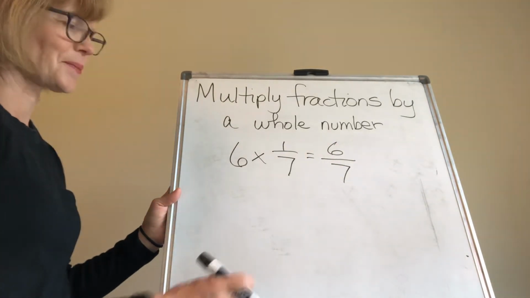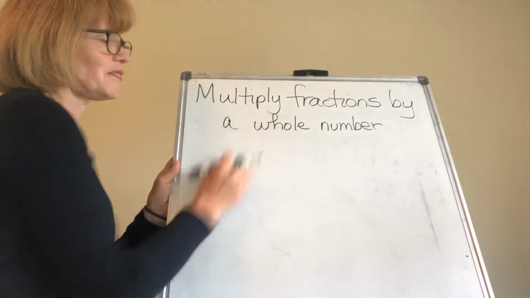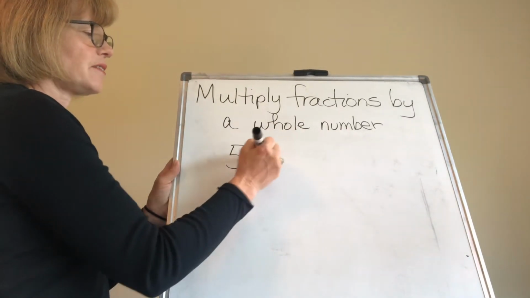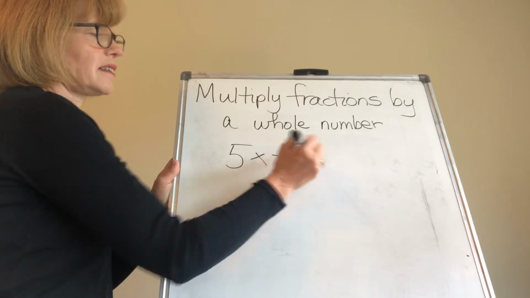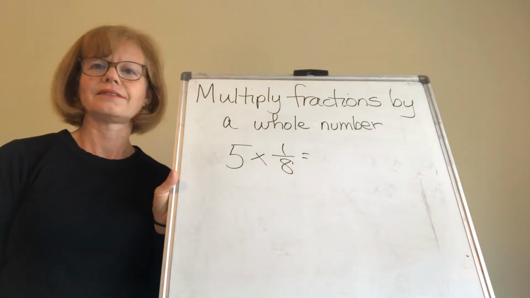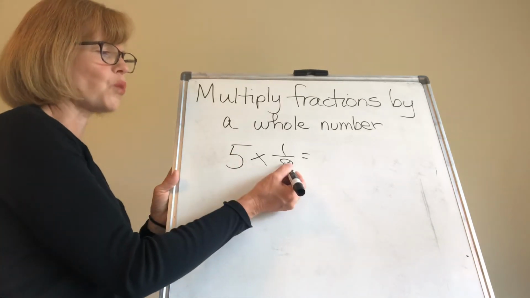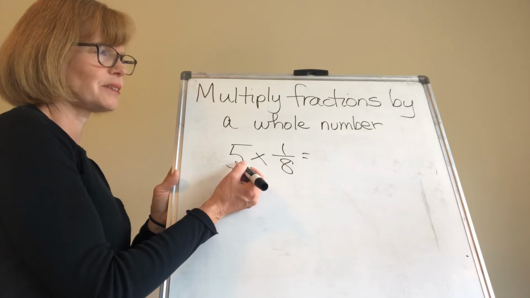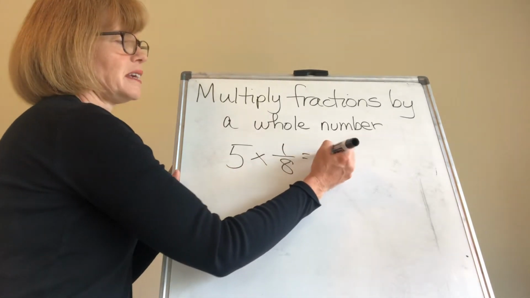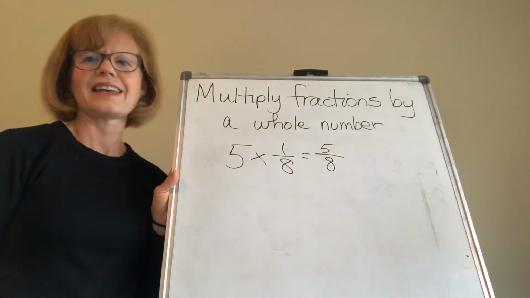Great job. All right, let's try another one. See if you're getting it. 5 times 1/8. What would that be? All right, I'm hoping that you're saying I have 1/8 5 times, and that would be 5/8.